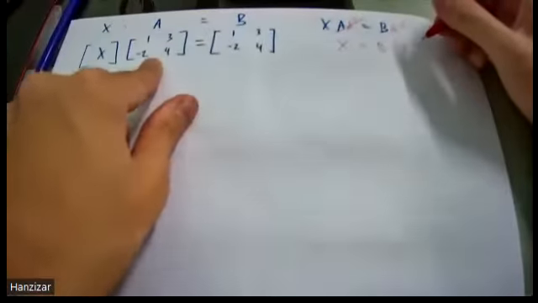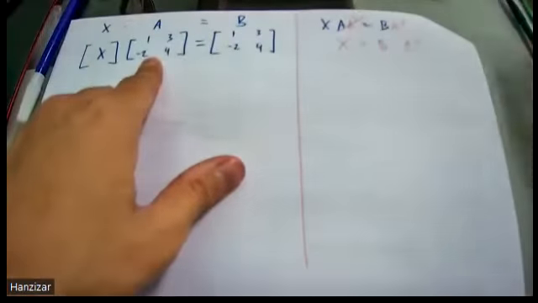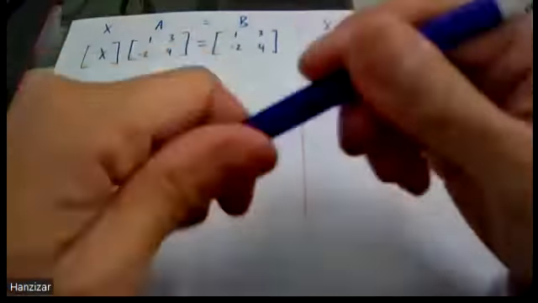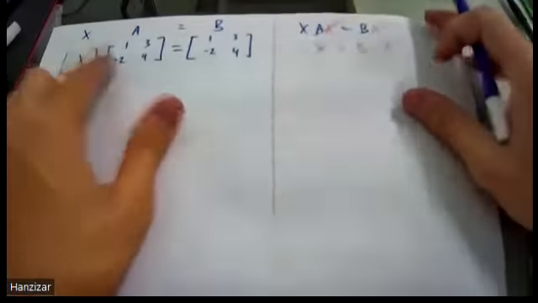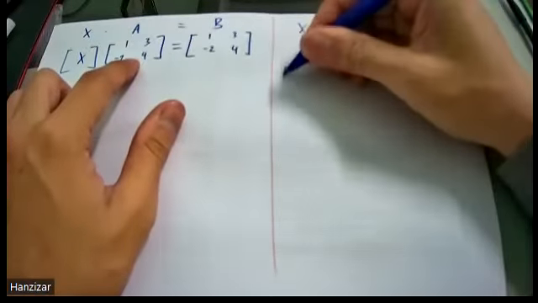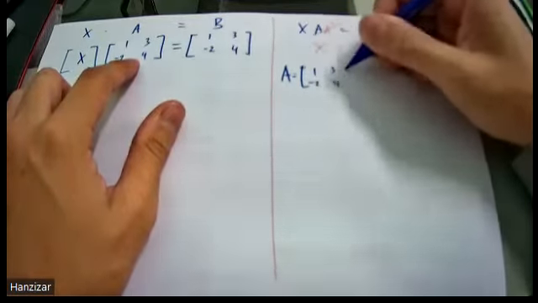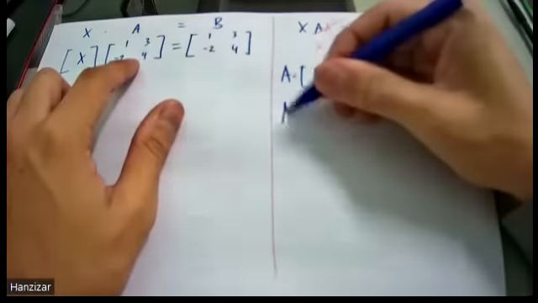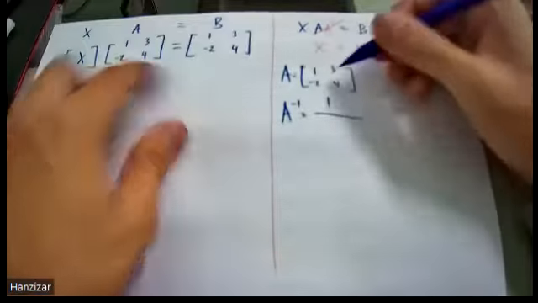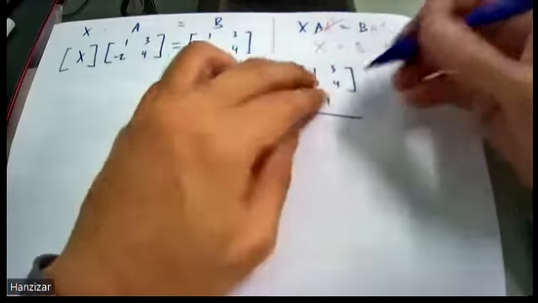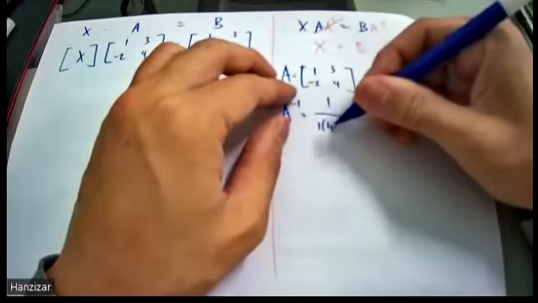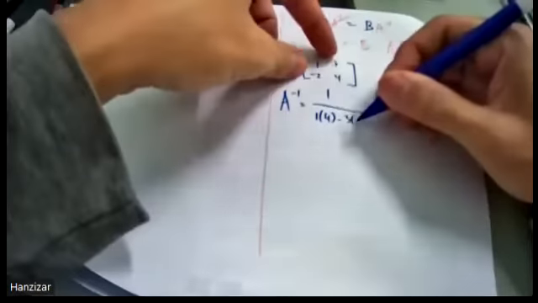So this is what we need to find the inverse of. Do it in another place. So this A, put it aside first: 1, 3, -2, 4. The inverse is 1 over the determinant. Remember the diagonal: 1 times 4 minus 3 times -2.